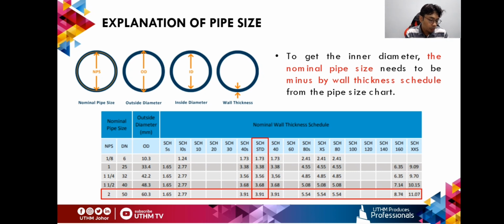So if we want to get the inner diameter, we need to take the nominal, which is 50 mm, minus 3.91 mm. Then we get the inner diameter. That is the way that we get the geometry for this project. So that's all from me. Continue with my friends. Thank you.